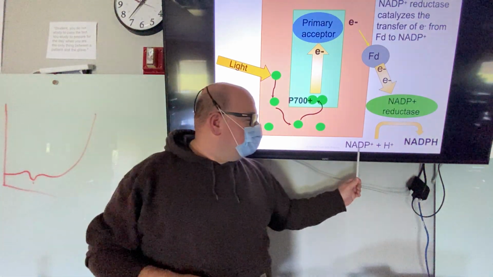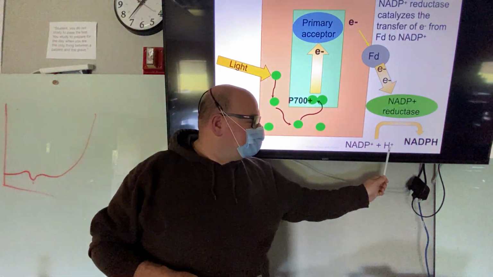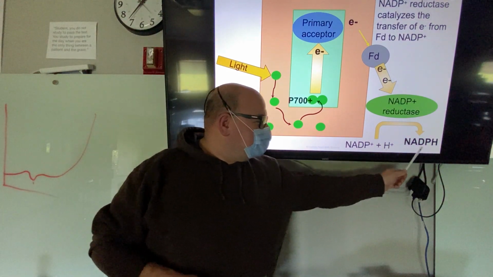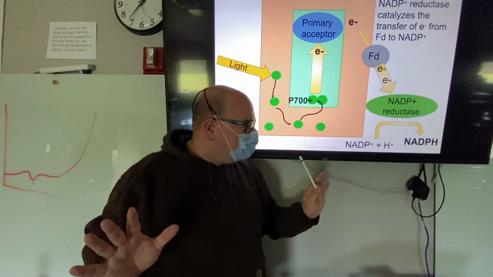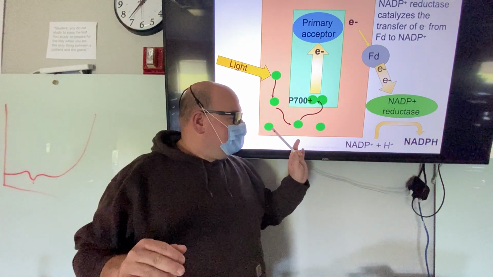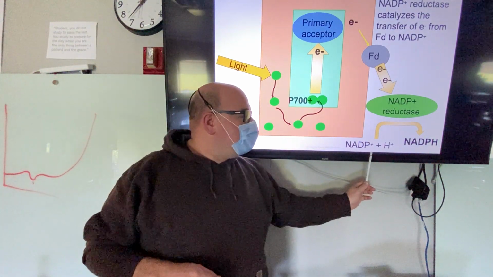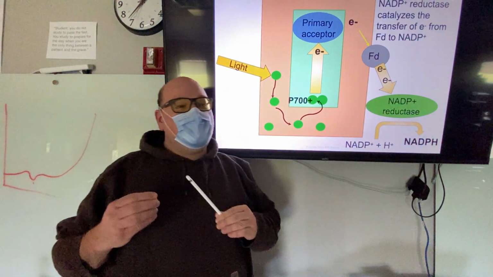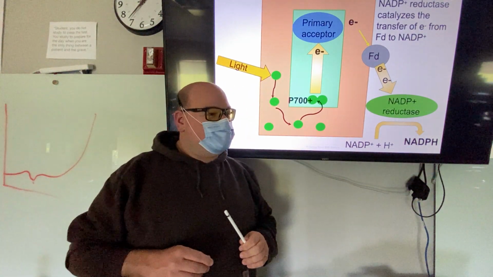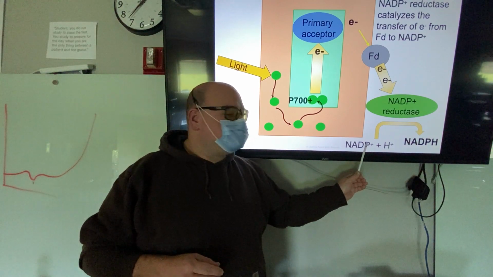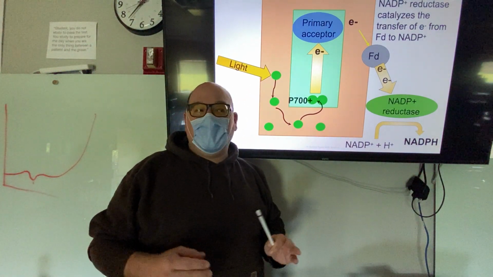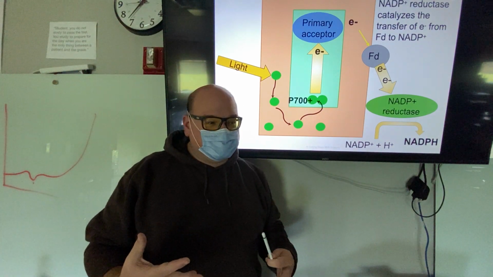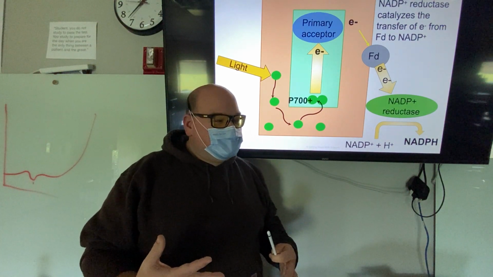This molecule is a hydrogen carrier. This stands for phosphate. This is hydrogen. You don't have to know what it stands for. But we're going to carry this hydrogen over to the Calvin cycle, and this actually has chemical potential energy in it that's going to be used to make what? What's the ultimate product of photosynthesis? Sugar.